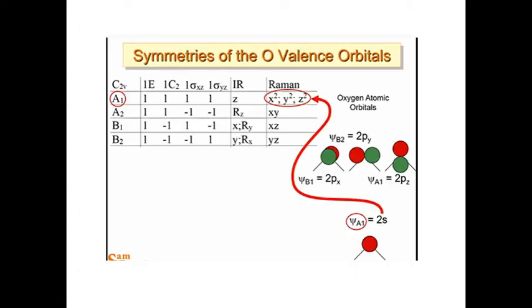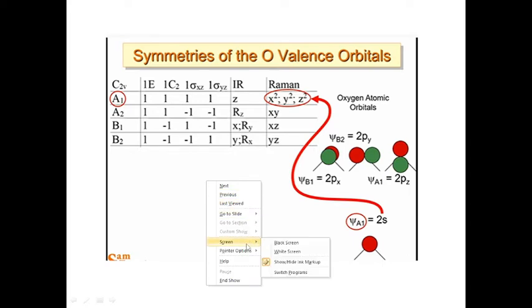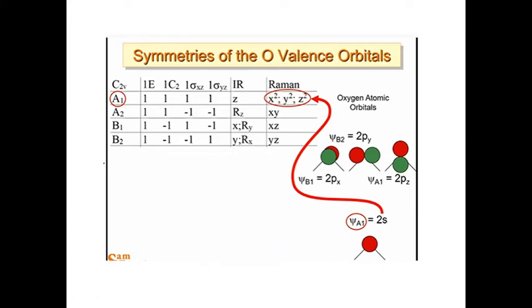Now let us look in the same way at the valence orbitals of oxygen. What is the configuration for oxygen? It is 1s2, 2s2 and 2p4. So there are s orbitals and p orbitals. What does the s orbital look like?